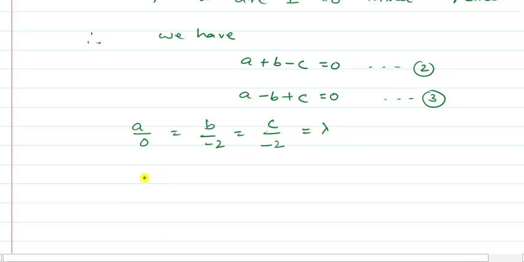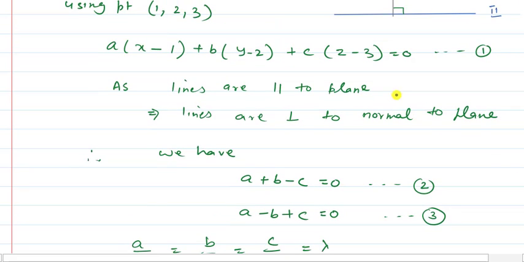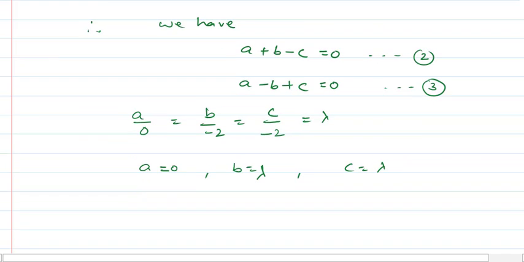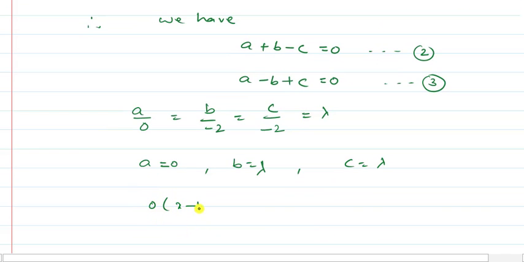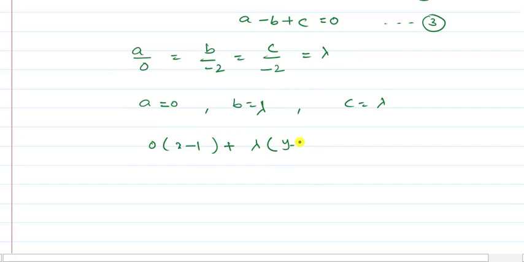So from here we are getting a is equal to 0, b is equal to lambda, and c is equal to lambda. Now, putting the values of a, b, c in equation number 1, we are getting 0 into x minus 1 plus lambda into y minus 2 plus lambda into z minus 3 is equal to 0, and on simplifying we are getting the equation as y plus z minus 5 is equal to 0.